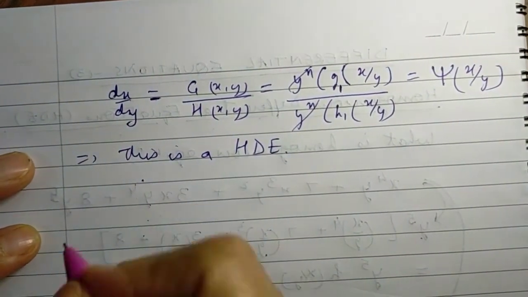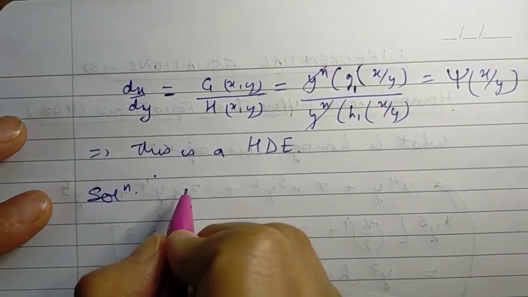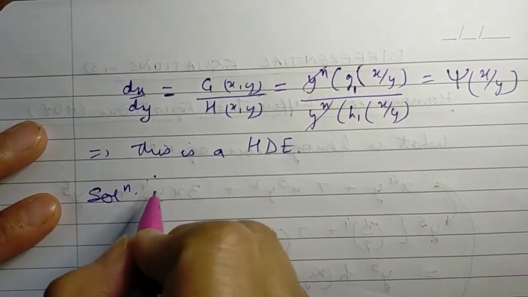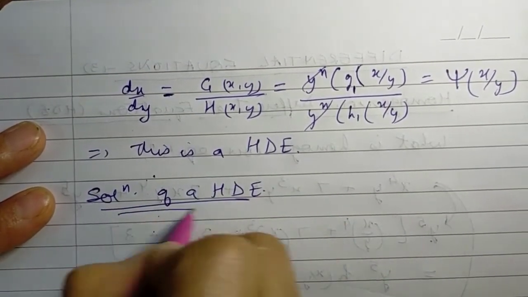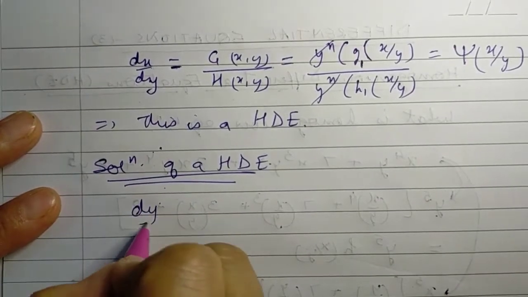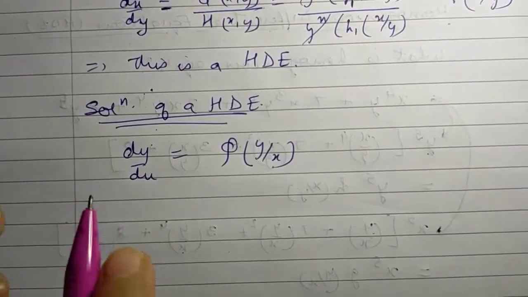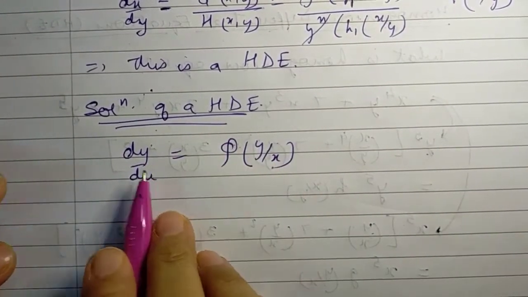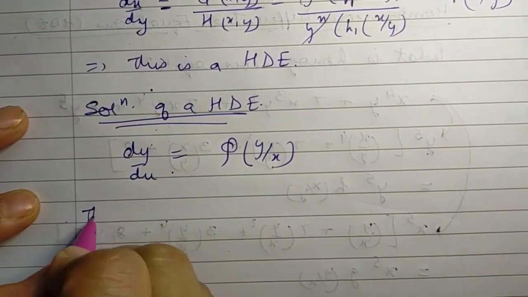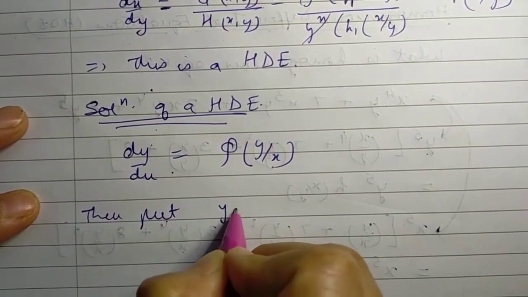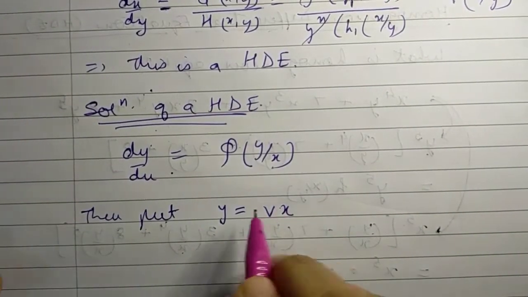Now once we identify a differential equation to be a homogeneous differential equation, we start solving it. So, the solution of a homogeneous differential equation. Suppose we are writing it as dy by dx equal to some function of y by x. So first, whatever is given to us, we analyze, we write it as dy by dx equal to phi of y by x. Then put y equal to vx, where v is another function of x.